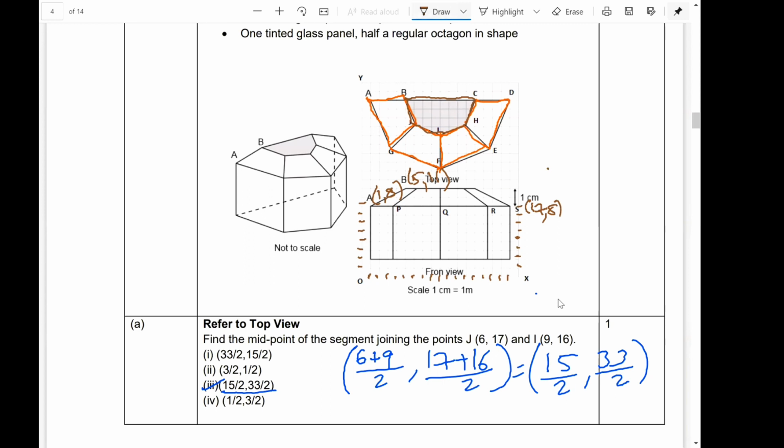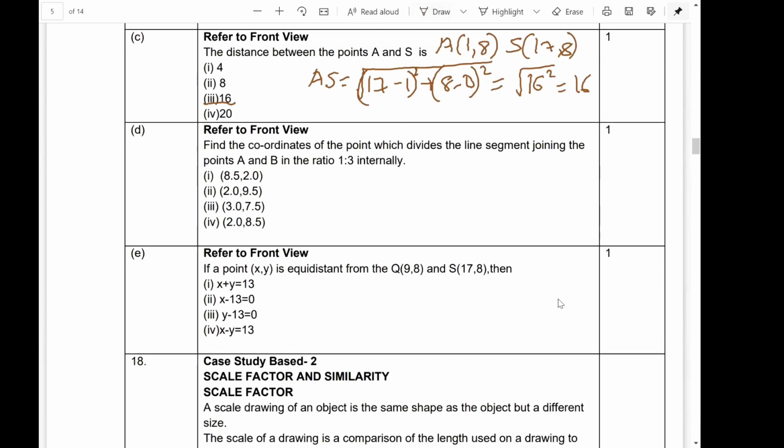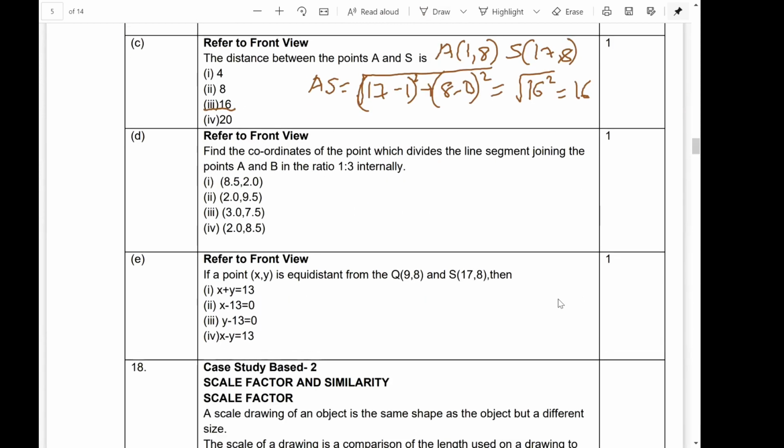Here we apply the section formula to A(1, 8) and B(5, 11). So these are like x1, y1 and x2, y2, and the ratio m1 is to m2 is 1:3.